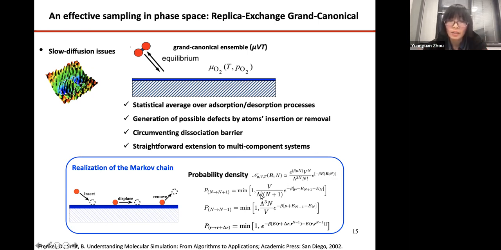The probability to try to insert or remove a particle is an a priori known factor. And in the code, when you try to insert a molecule, you want to calculate the probability of accepting this insertion. You simply need to calculate the DFT energy of the system plus one extra inserted atom and the original system energy.